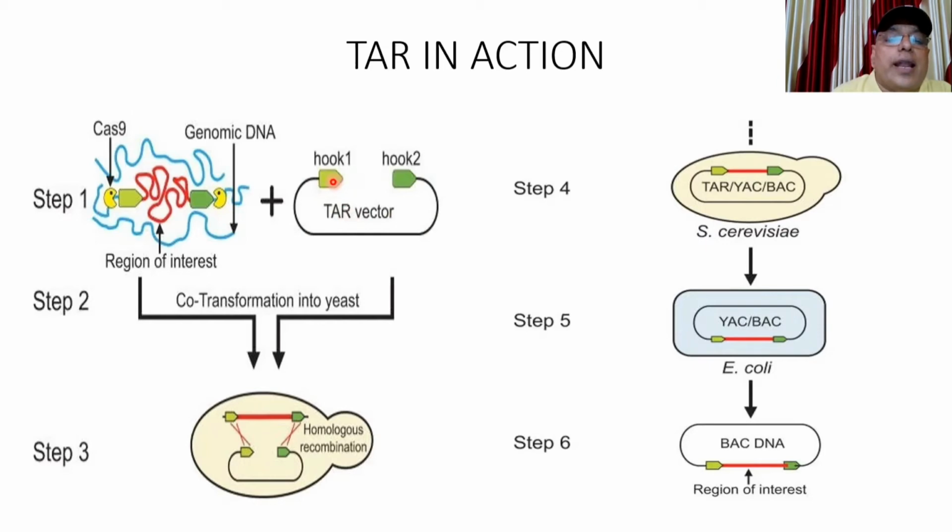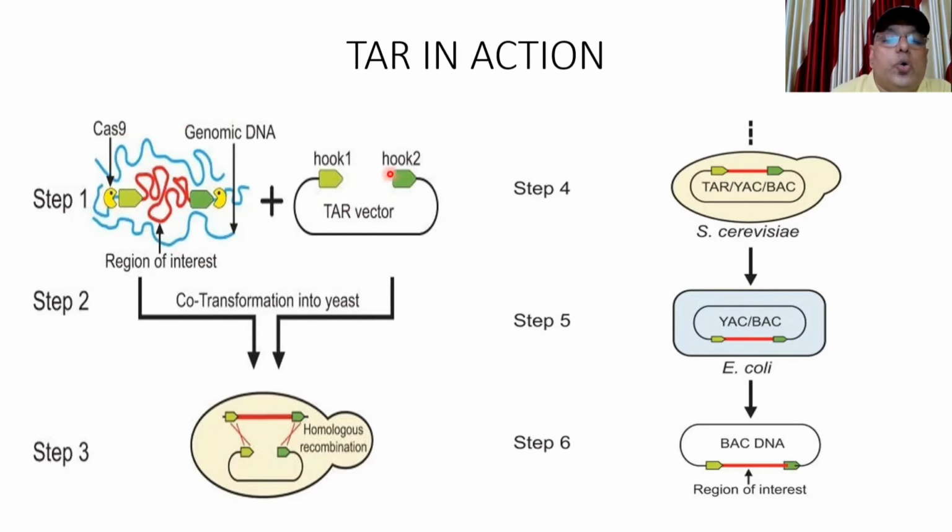These hooks can identify the ends of the desirable fragment of gene which we are trying to take off from a clumsy stretch of the DNA. So what we have to do is identify and extricate, excise this stretch of the DNA from this whole DNA fragment or genomic stretch.